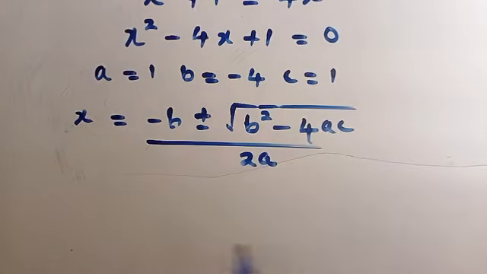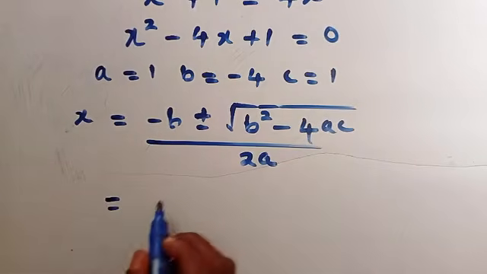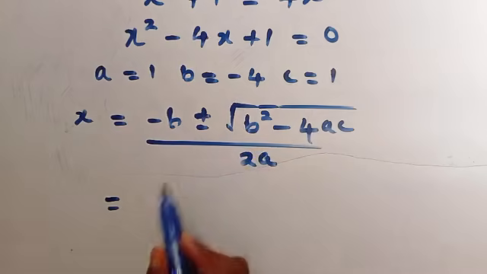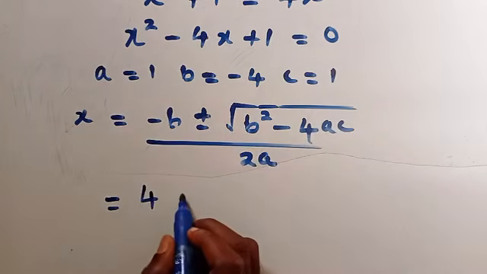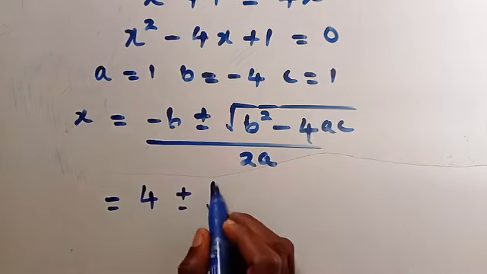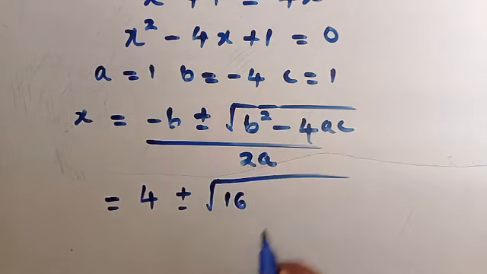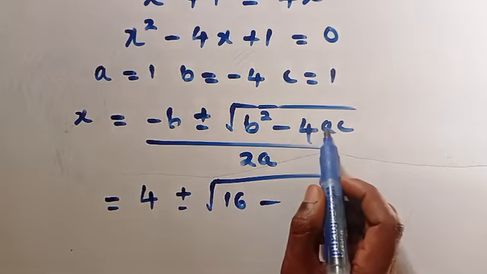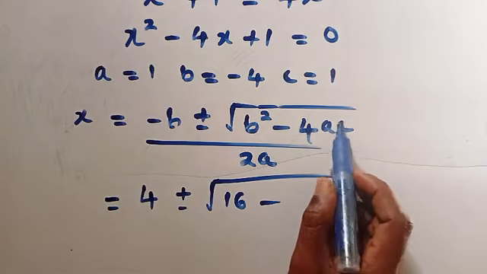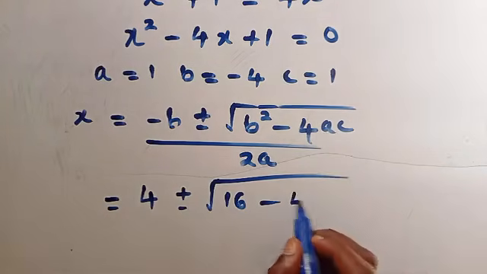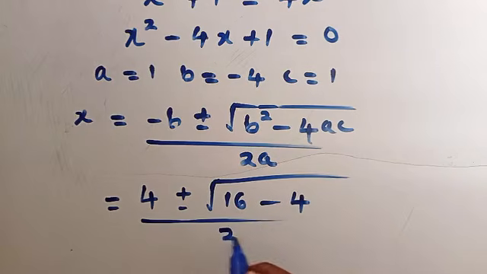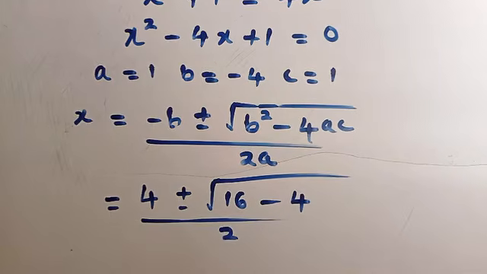By substituting all this in the formula, we have minus b, and b is minus 4, so that is plus 4, then plus or minus the square root of minus 4 squared, that gives us 16, minus 4 times a, that is 1, then multiplied by c, that is 1. Everything here is divided by 2 times 1, that is 2.